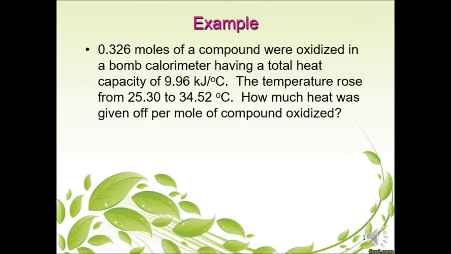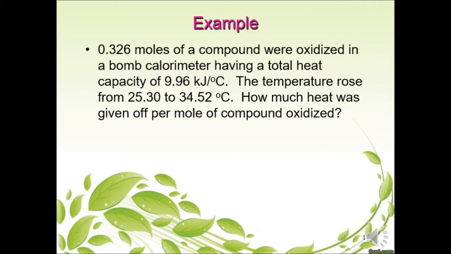Alright, this example is similar to the previous question. You are given 0.326 mole of a compound oxidized in a bomb calorimeter having a total heat capacity of 9.96 kilojoule per degree Celsius, and the temperature rose from 25.3 to 34.52 degrees Celsius.